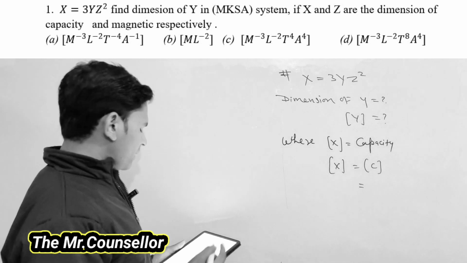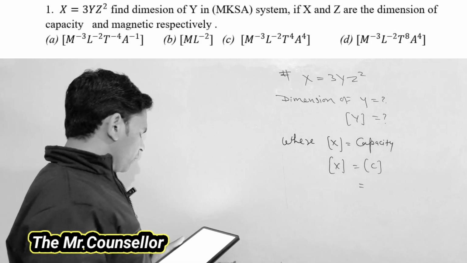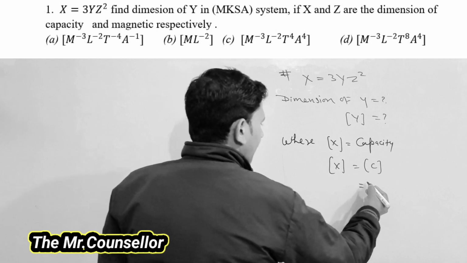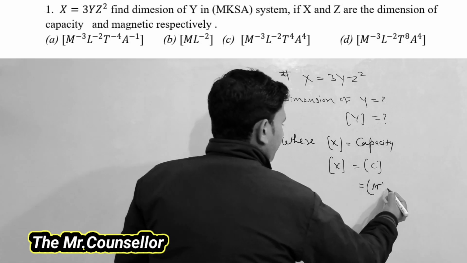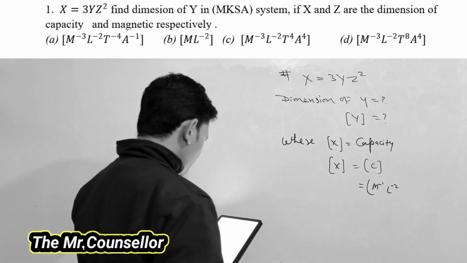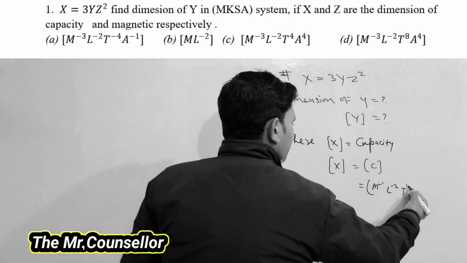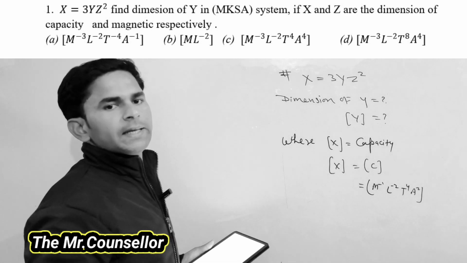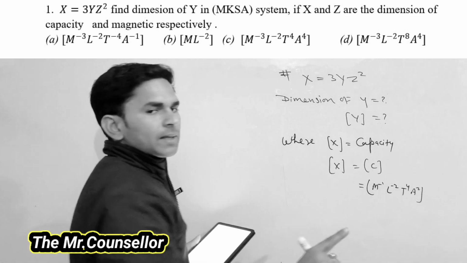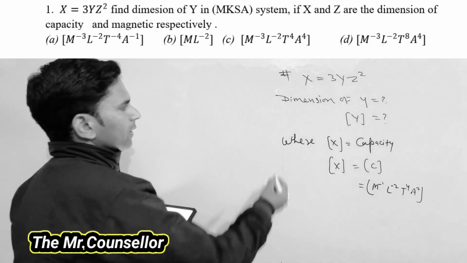So now you can place the dimensional formula of C: M minus 1 L minus 2 T4 A square. This is the dimensional formula of x, that is C.